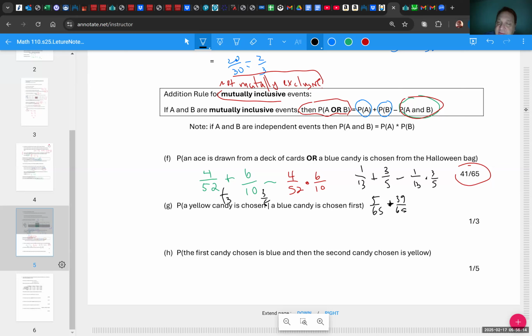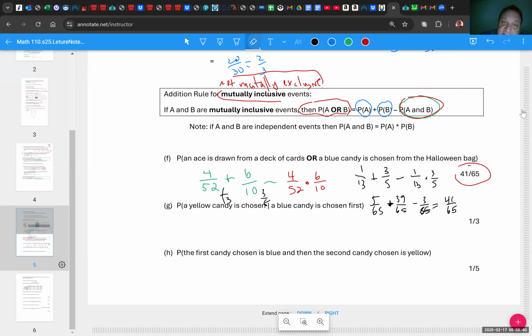And then 1 over 13 times 3 over 5 is 3 out of 65. And then you can see 5 plus 39 is 44, minus 3 is 41. So if you are good at fractions, you can also quickly get 41 out of 65 for the probability that an ace is drawn from the deck or a blue candy is chosen from the bag.